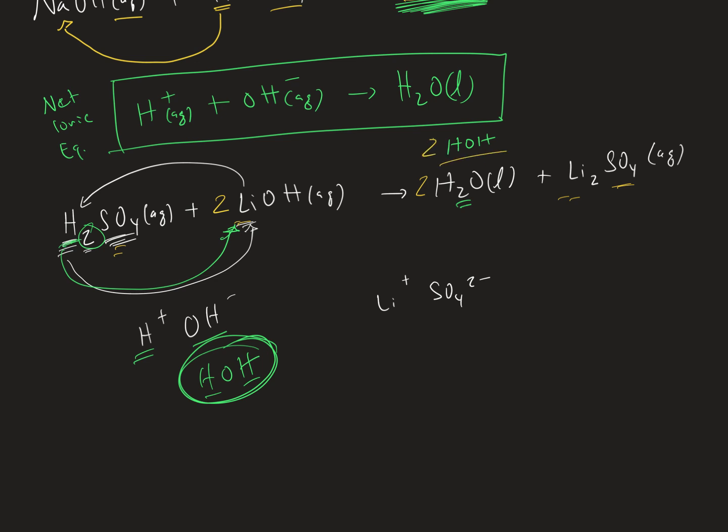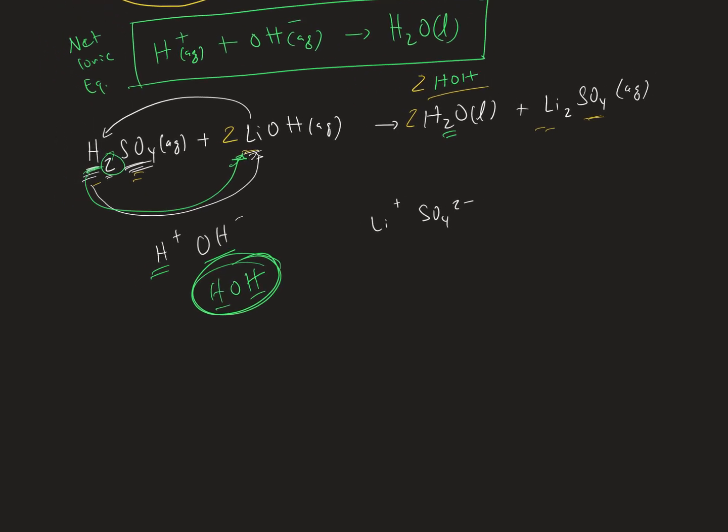If you balance like that, there's 2 hydroxide and 2 hydrogens, right? You don't have to worry about it that way. You can break it up one element at a time. Should I redo that one? No? Okay.